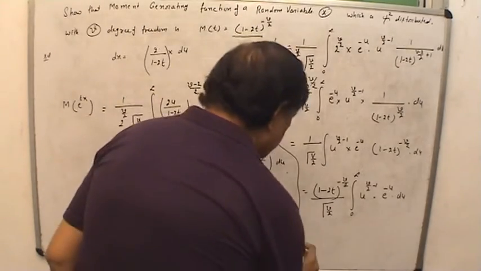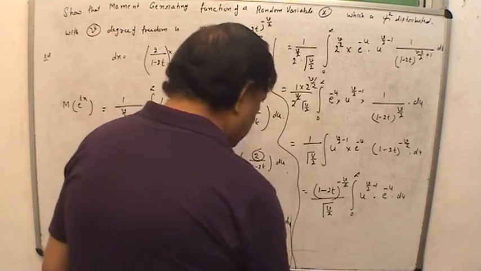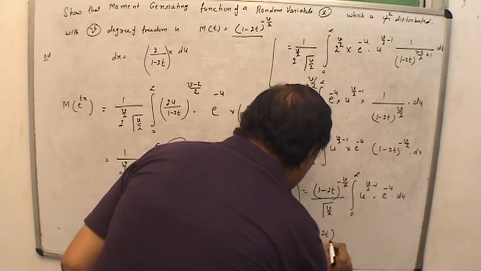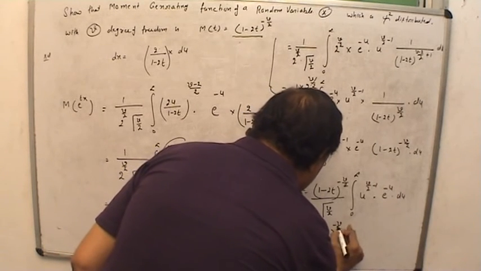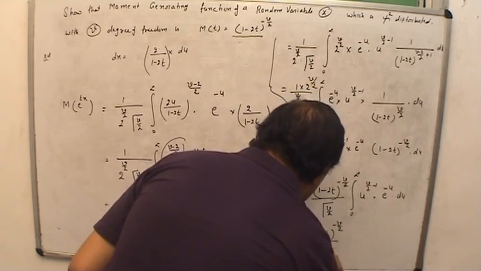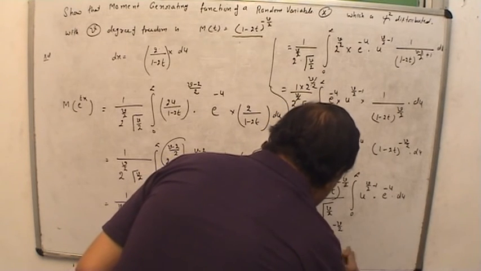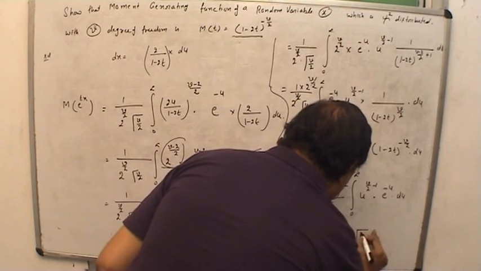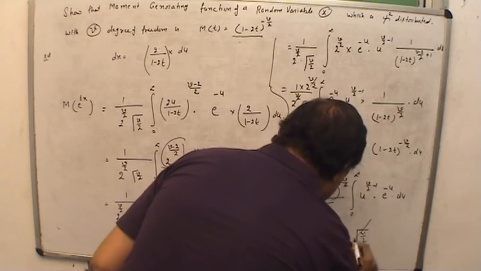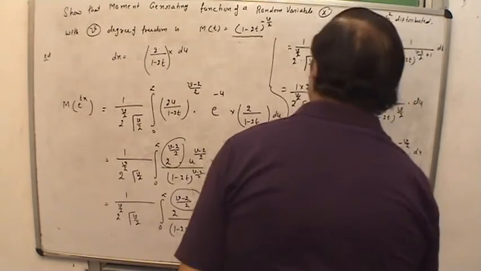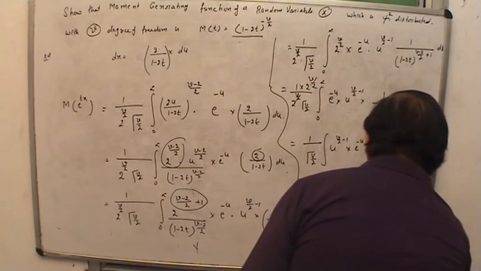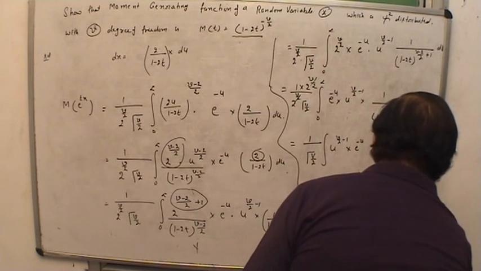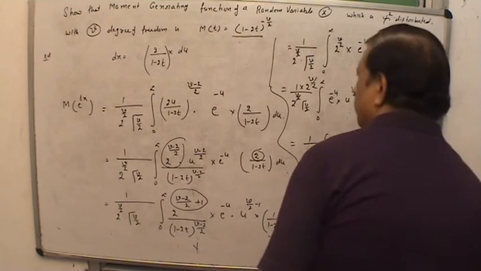If we take a is equal to v by 2, that is equal to 1 minus 2t raised to the power minus v by 2 divided by gamma function of v by 2 into gamma function of v by 2, and it cancels, and that gives the result: 1 minus 2t raised to the power minus v by 2.